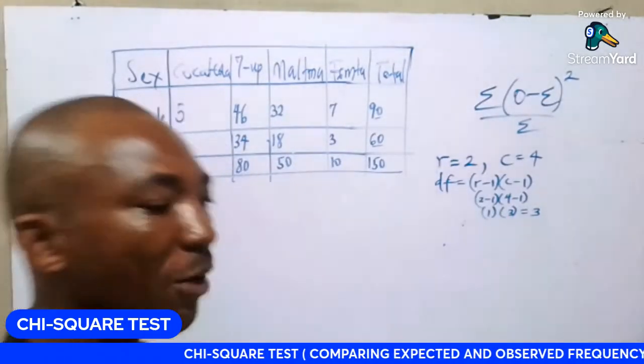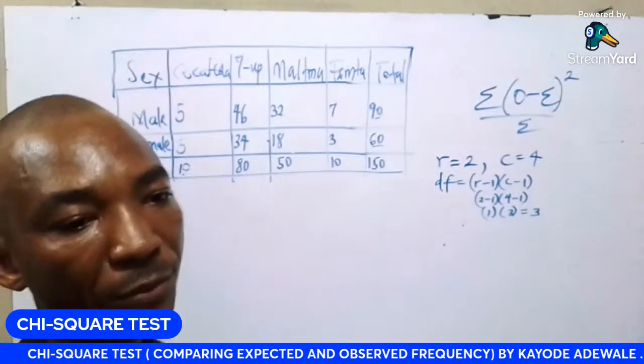I've just used that to talk about the degree of freedom. The second step is to determine the expected frequency per cell.